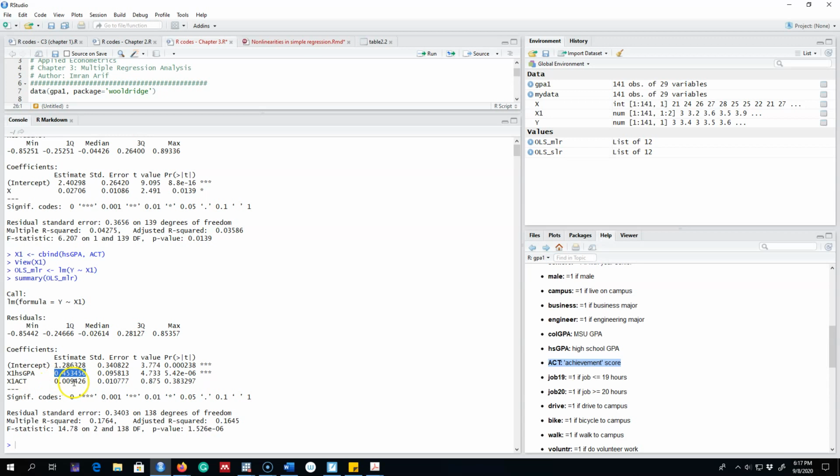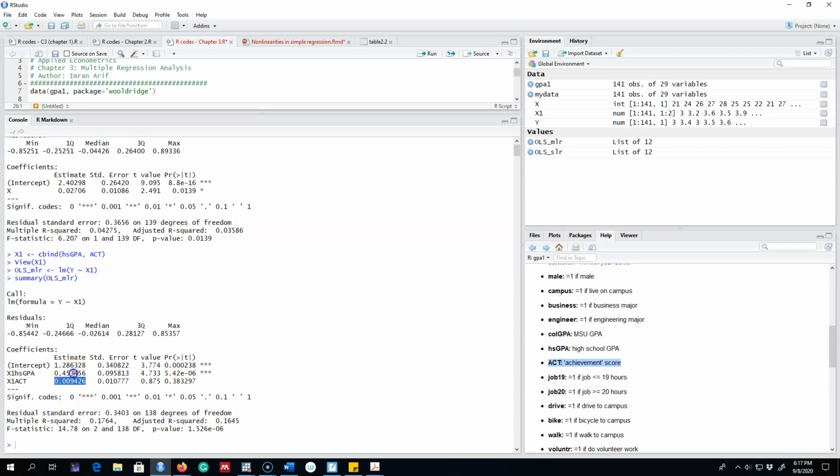Similarly, we can also interpret the ACT coefficient in the same manner. That is, if we find two identical students with the same high school GPA, but one student has a higher ACT score, that student's college GPA will be this much higher than the other student with a lower ACT score. So that is the interpretation of holding all other factors constant.